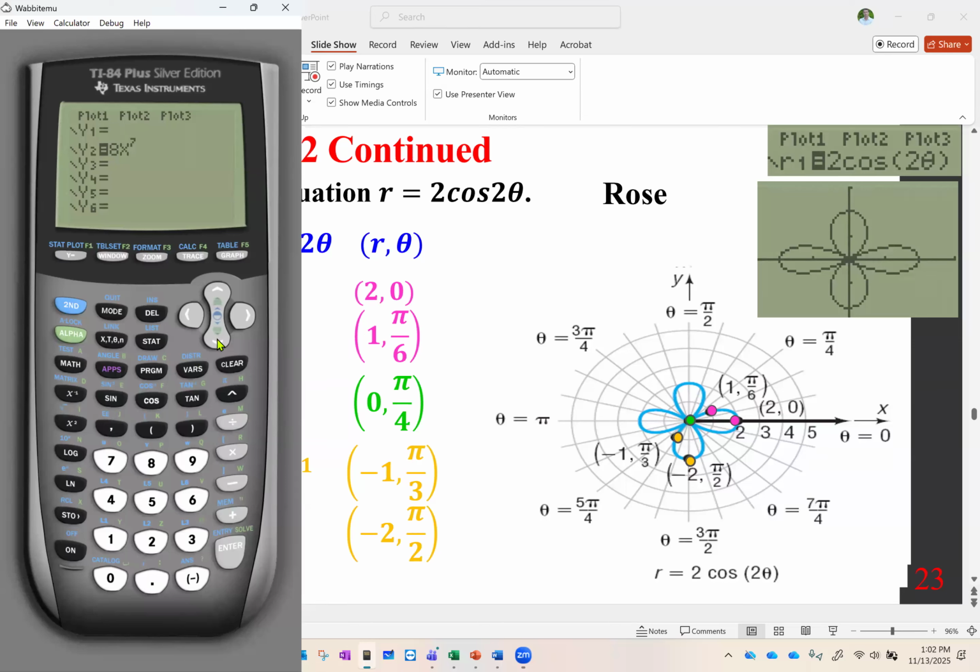So mode, function, polar, graph, 2 cosine 2 theta, and that's the graph.